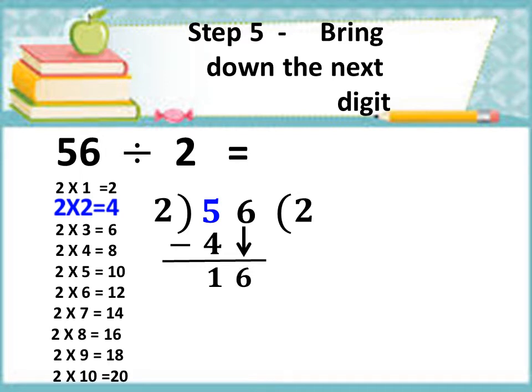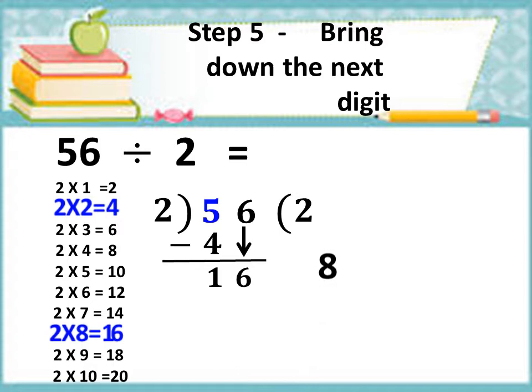After bringing down the digit, we repeat steps 1 to 5 again till there are no more digits to bring down. Next, bring down the next digit 6. Then here we are getting 16. Next, see the multiplication table of 2 where we get 16. 2 8s are 16.